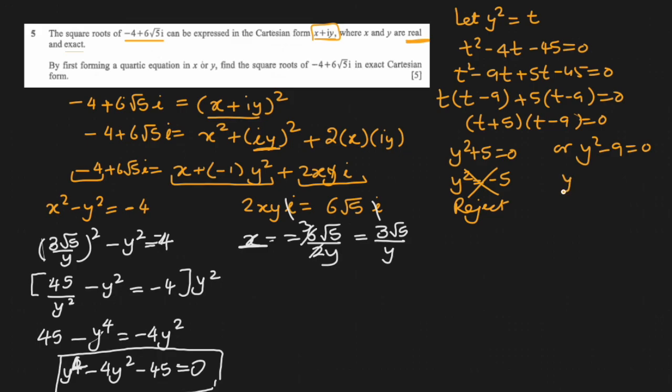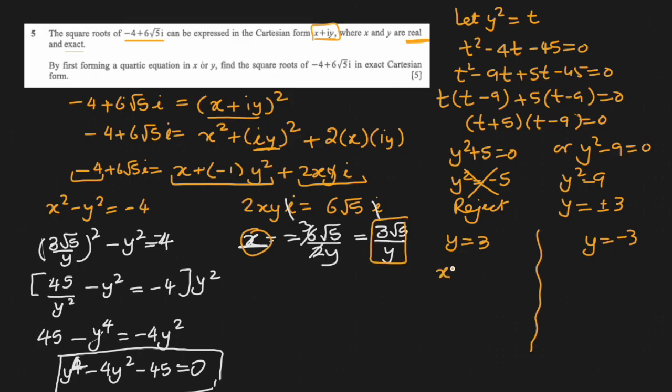So y square equal to 9, and if I square root both sides, I get plus or minus 3. So I get two values of y, and I'll get the corresponding values for x. So y equal to 3 is one, y equal to minus 3 is one. What about x? x was 3 square root 5 over y. So x equal to 3 square root 5 over y. I got square root 5.